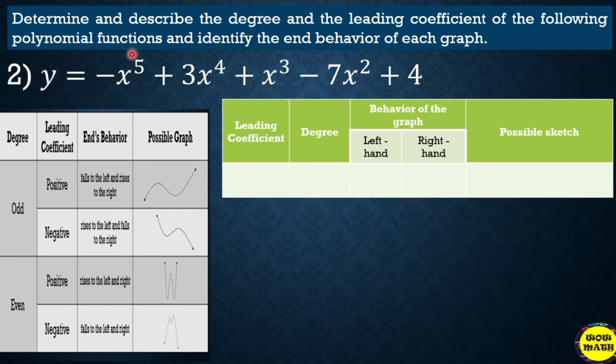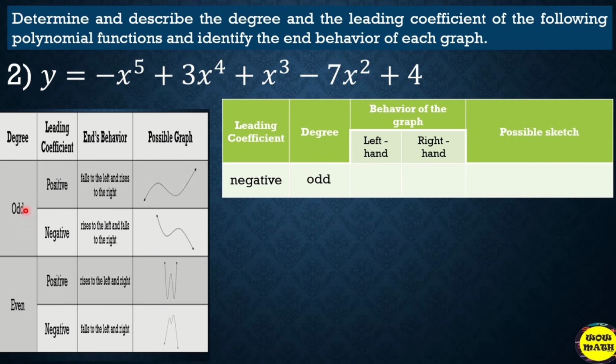So, since ito yung term na merong mataas na exponent, yung leading coefficient natin dito is negative 1. Okay? So, therefore, negative yung leading coefficient natin. And the degree of polynomial is 5 and 5 is odd number.